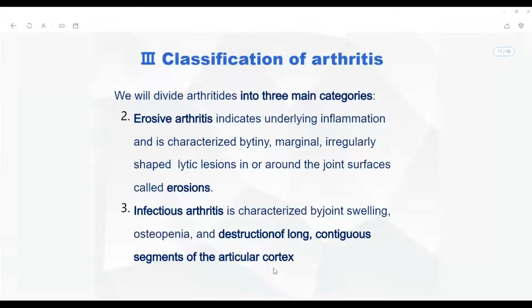Such a condition is called infectious arthritis. Remember, here the etiological factor is infection, particularly bacterial infection. The most common bacteria causing it are streptococcus bacteria. Streptococcus bacteria are the ones causing infectious arthritis.